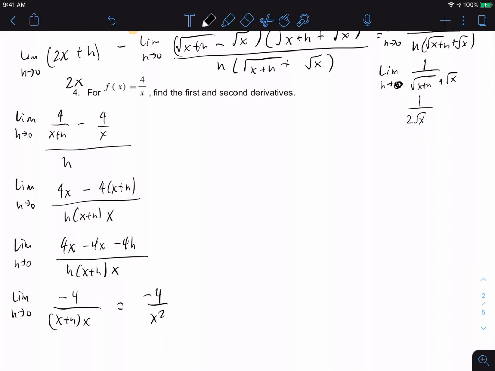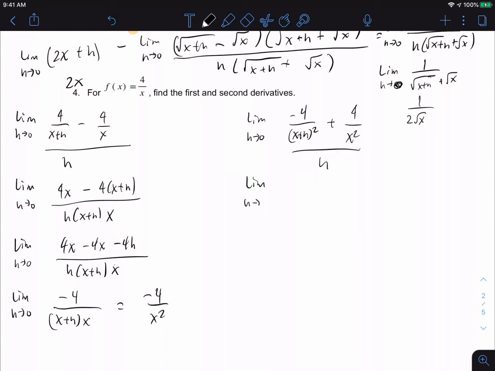Now, to take the second derivative, I'm going to take the limit as h goes to 0 of negative 4 over x plus h squared, minus, or actually becomes plus, this, over h.